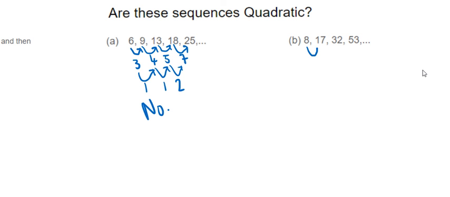Second one, the difference between 8 and 17 is 9. The difference between 17 and 32 would be 15.